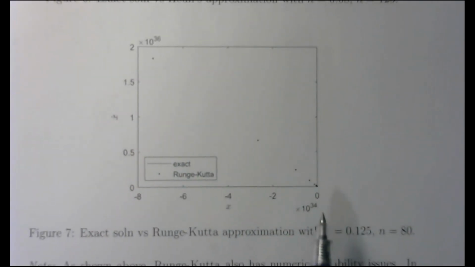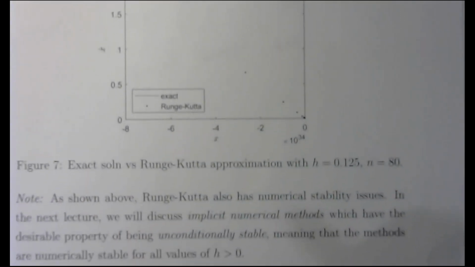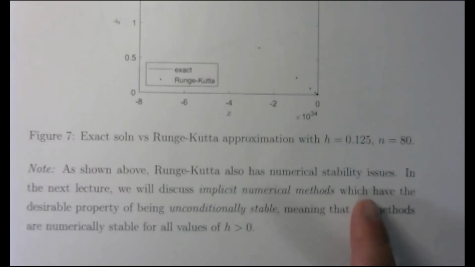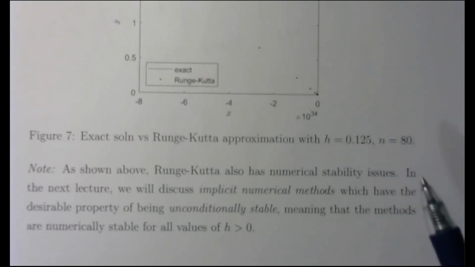Bad things happened. So again, none of these algorithms work for all h's. For a fixed h, some may work better than others, but for some fixed h's, maybe nothing will work. So all of these algorithms have numerical stability issues. They may not converge. Points that are stable in continuous time may not be stable in discrete time.